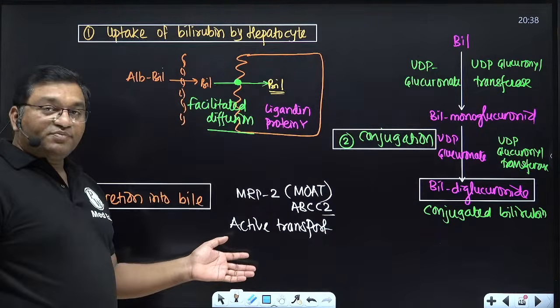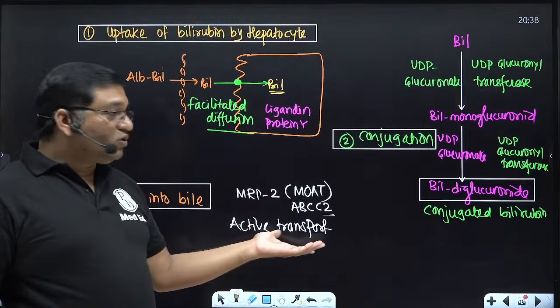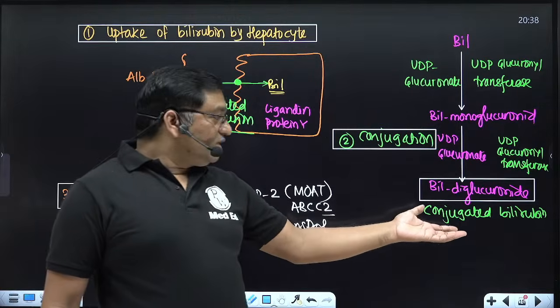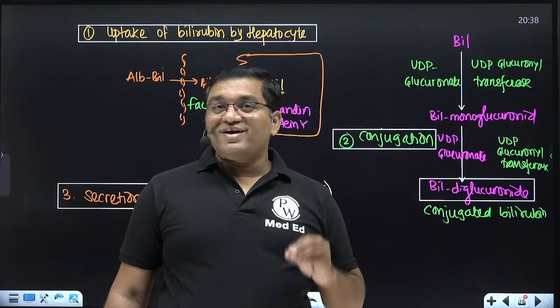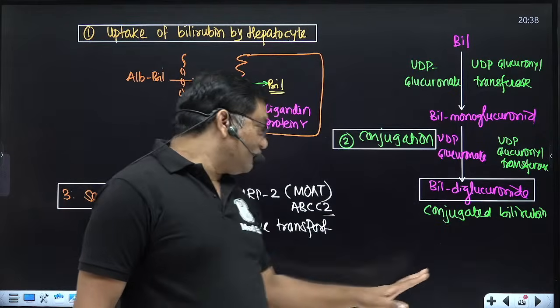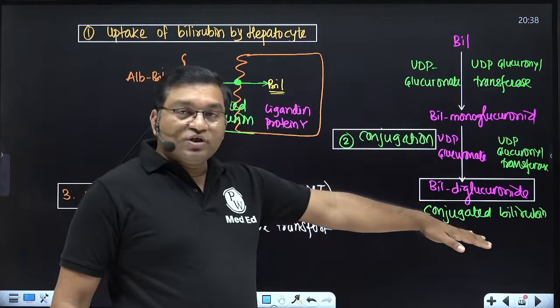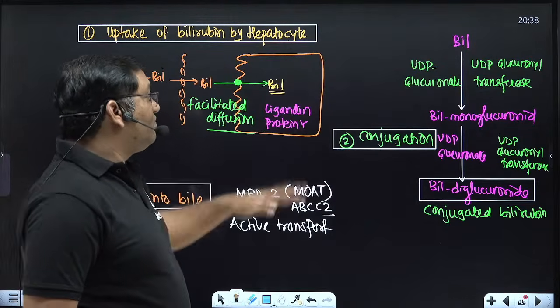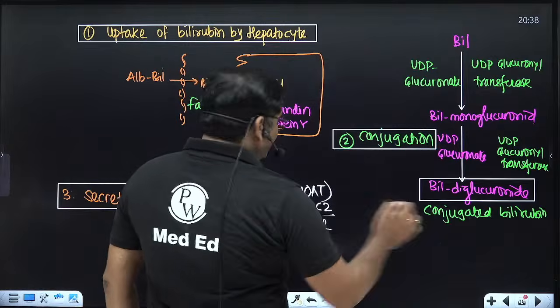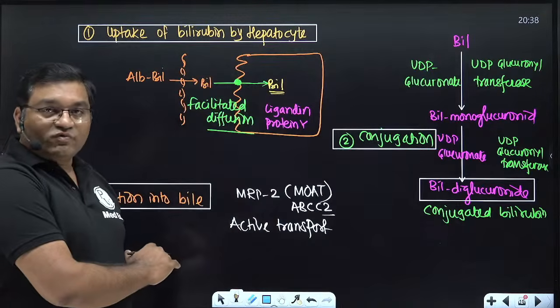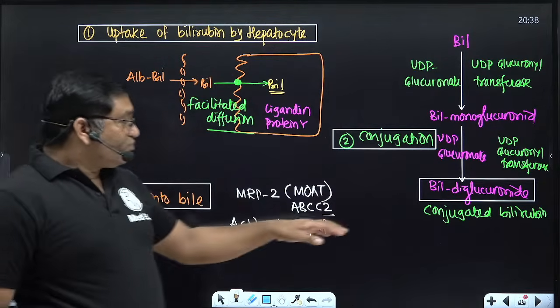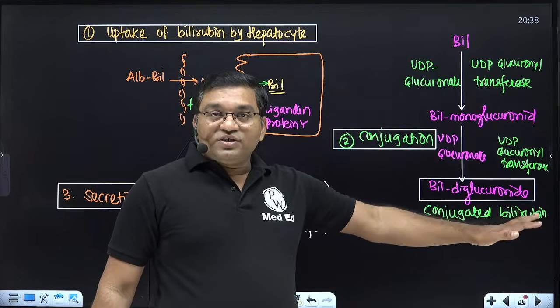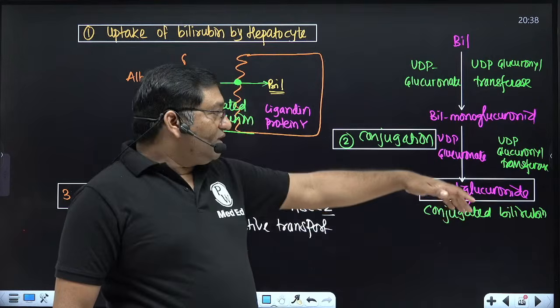Some escape this transport, and via MRP3 they enter the portal circulation.